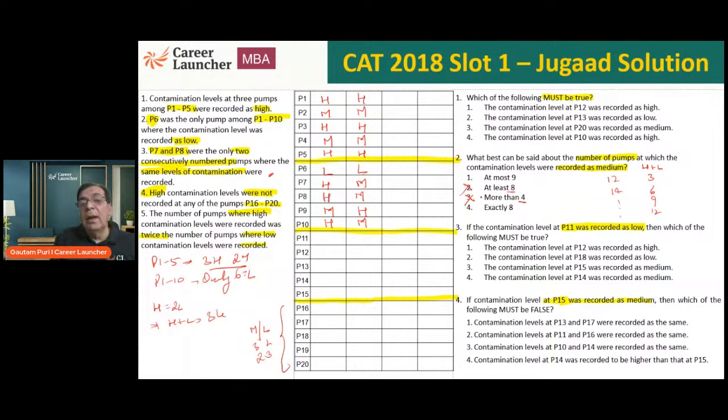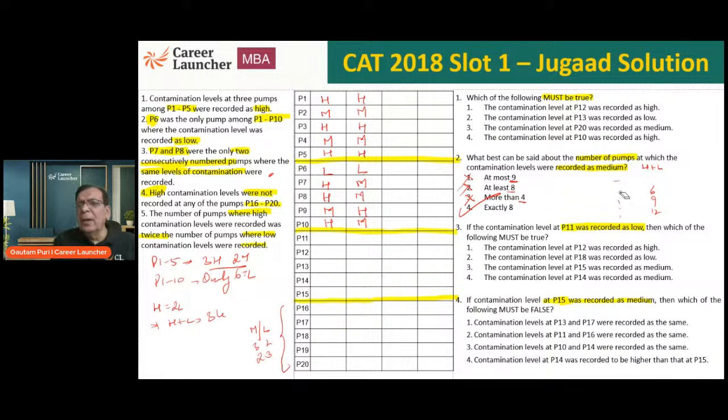This is also wrong. At most 9 again. What does at most 9 mean? 1, 2, 3, 4, 5, 6, 7, 8. And 9 will be acceptable? No. This should be the answer. Okay. So very easily with some logic, you can say it will be 8 only. Okay. This is one way of doing the question.